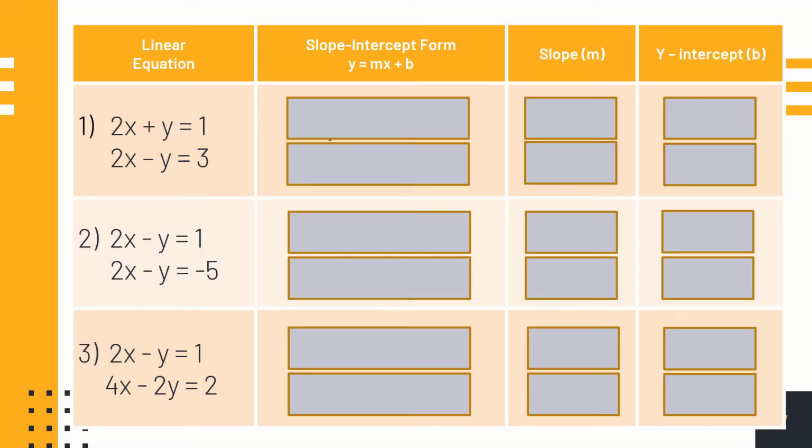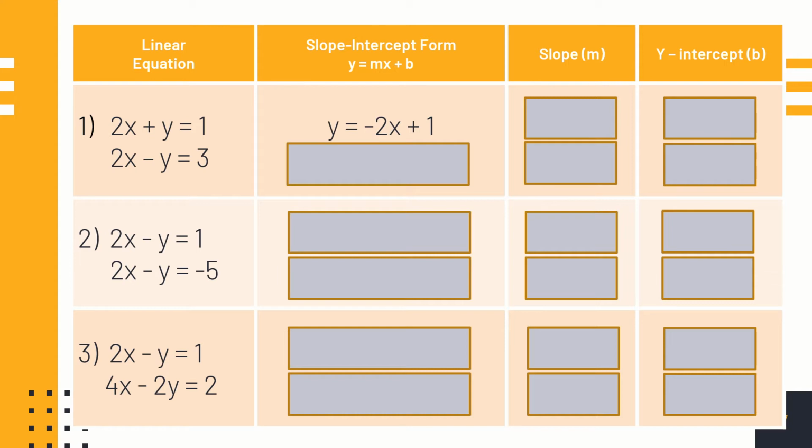This time, we are asked to write the given system of linear equations into its slope-intercept form, in the form of y equals mx plus b, then find the value of the slope and the y-intercept. We have 2x plus y equals 1 and 2x minus y equals 3. Let's write the first equation into its slope-intercept form. The slope-intercept form is y equals negative 2x plus 1.